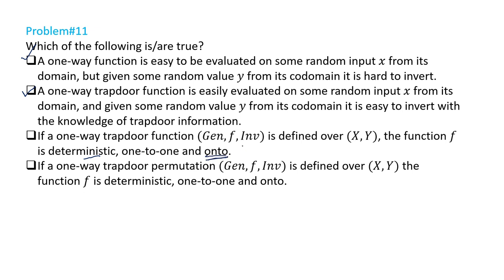It can be a many-to-one function, right? 1 to 1 is necessary because during inversion there should not be any ambiguity. From y you should come back to x, so it is 1 to 1, but onto is not required. It is required when we talk about a trapdoor permutation. There, determinism, 1 to 1 and onto, all three properties are required.